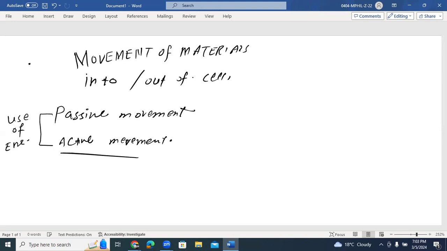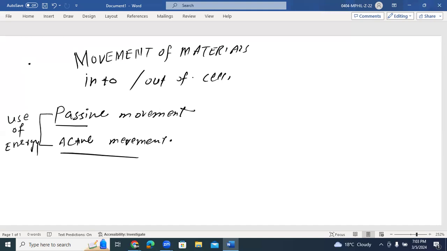So from here you can define passive movement, and whenever you have to define these terms, one thing that should be part of this topic is an example. You have to mention what type of movements commonly take place in the cell, and specifically which are passive, or which are active and move across the membrane.